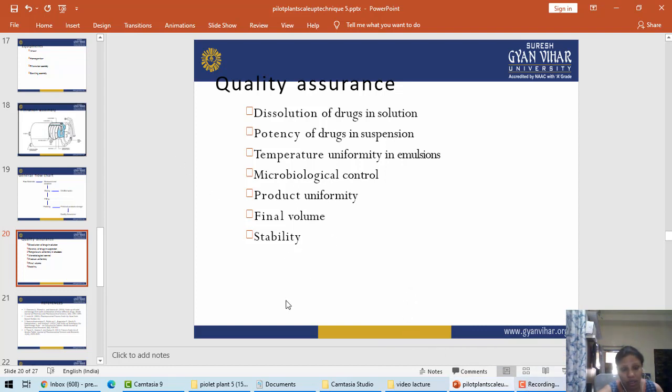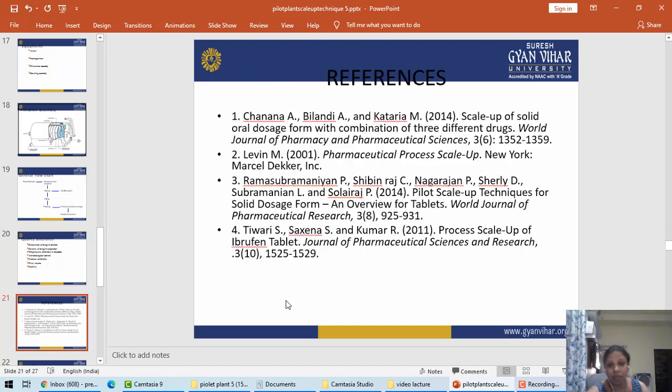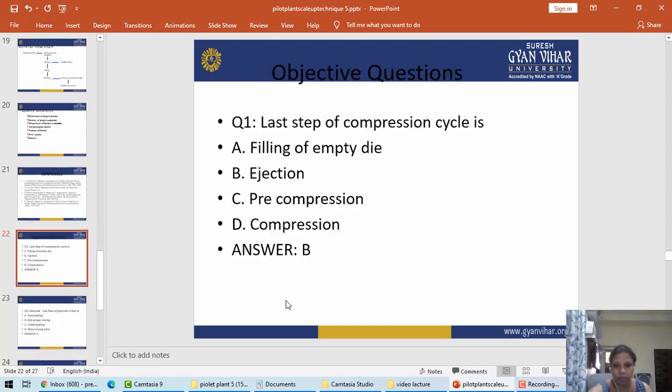Why is quality assurance important, and it is very essential to do. If we do not do the quality assurance, we cannot release our formulation as per the norms. So guidelines we have to follow for this. Other than that, these are the references we have discussed.